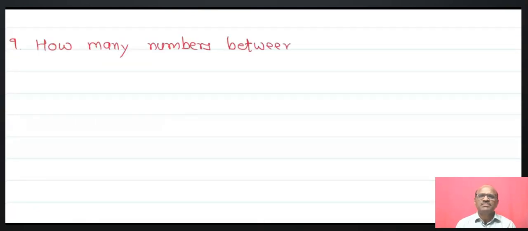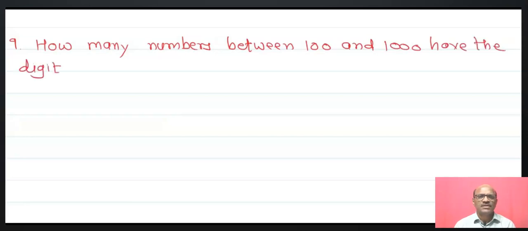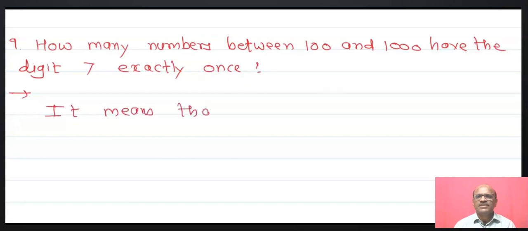How many numbers between 100 and 1000 have the digit 7 exactly once? यामध्ये फक्त 7 हा एकदाच आला पाहिजे.